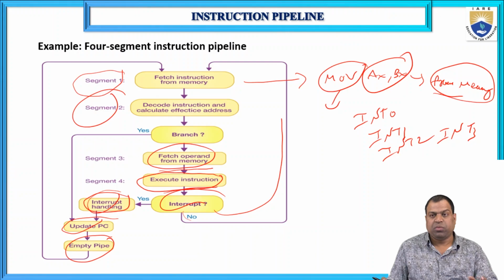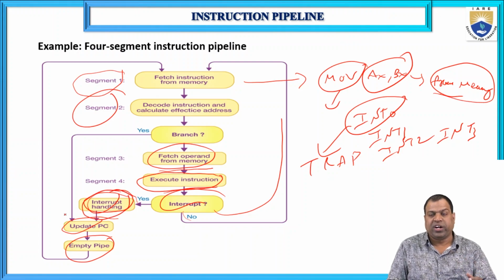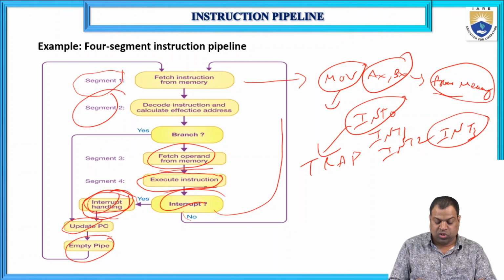We start from interrupt 0, which is the highest priority, called a trap. Depending on your priority, it gives the stage of interrupt. The highest priority is interrupt 0 and the lowest priority is interrupt 3. So which priority do you have to give to the program currently going on?